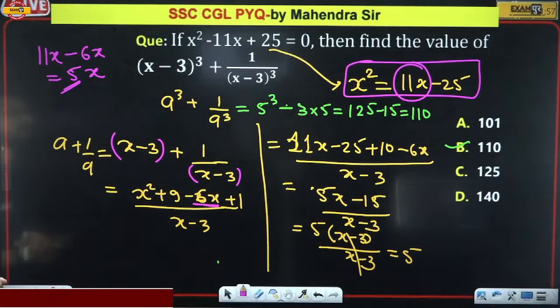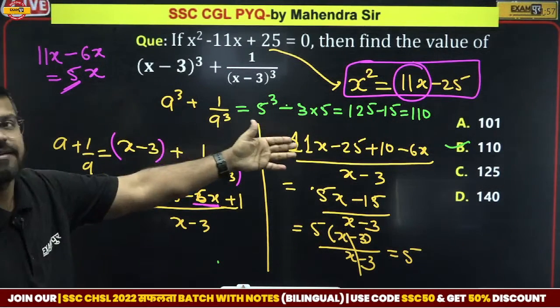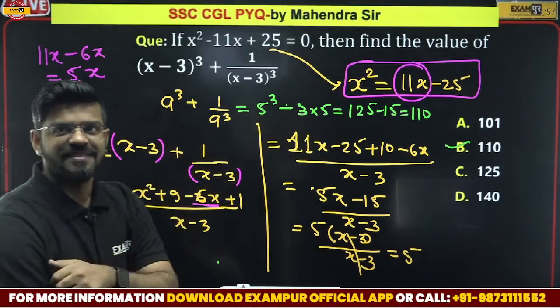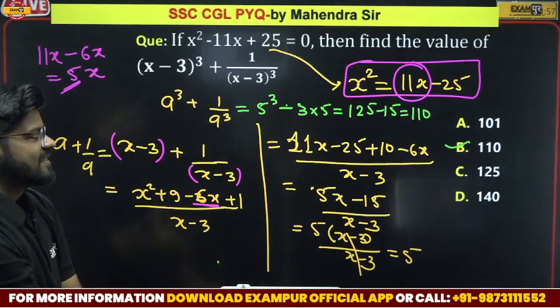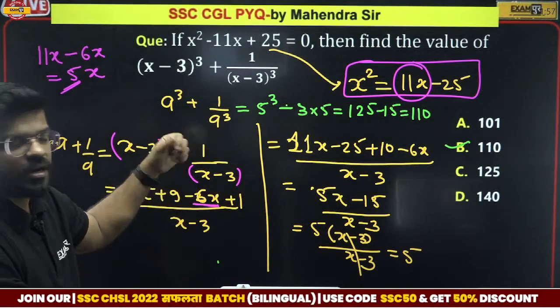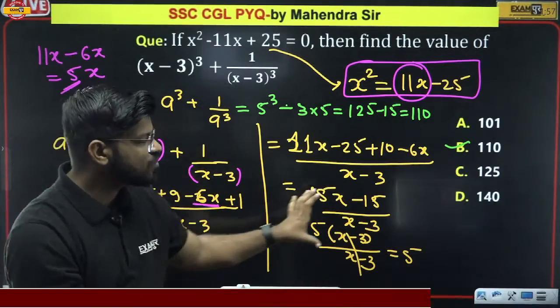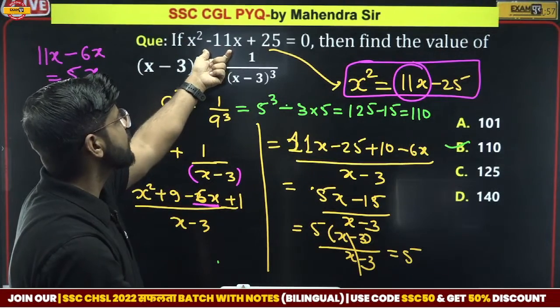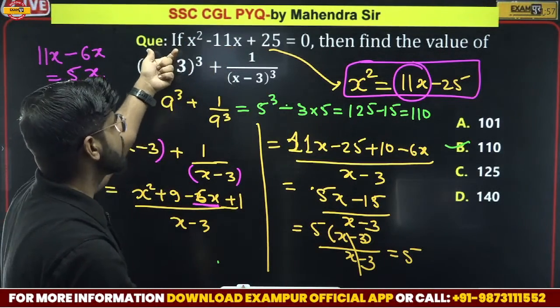So what is my answer? My answer is 110. Did you get that? This is how you can solve it without so much calculation. You just have to find what x part will come when we calculate x square.